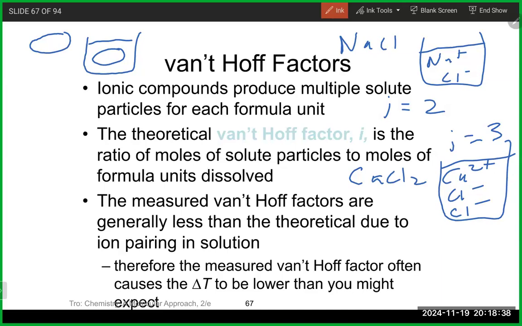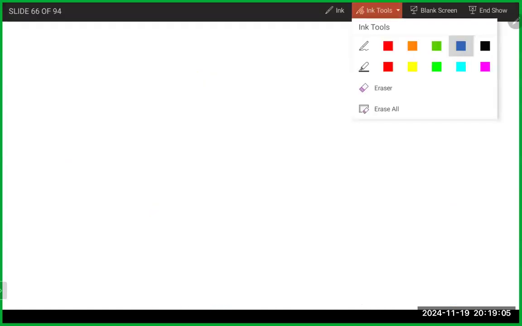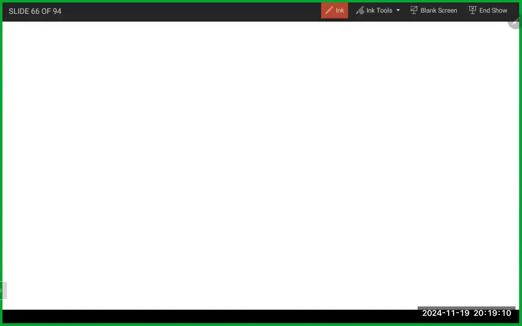Now, when you do something that's non-volatile or non-ionic, you only get a 1-to-1 sort of molecule. The i factor there is actually 1, which is why in all those equations that we used earlier, we didn't need to take it into account because it was basically a 1. You're basically multiplying by 1. You could add the van't Hoff factor into those equations that we just saw, like our freezing point depression, our boiling point elevation.